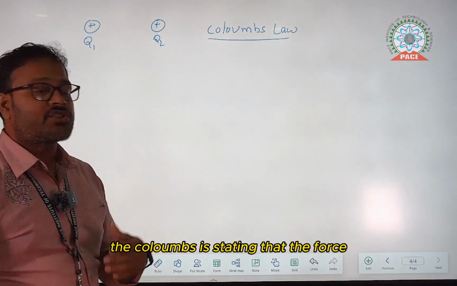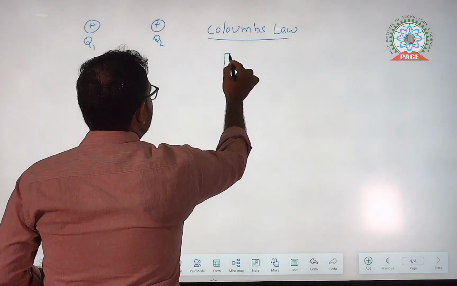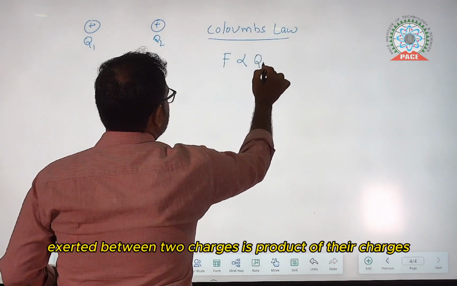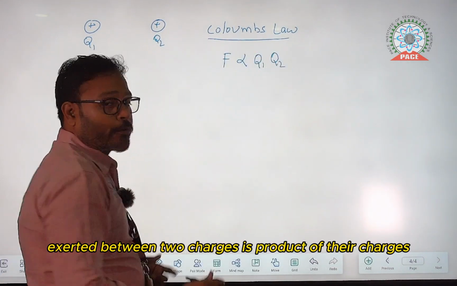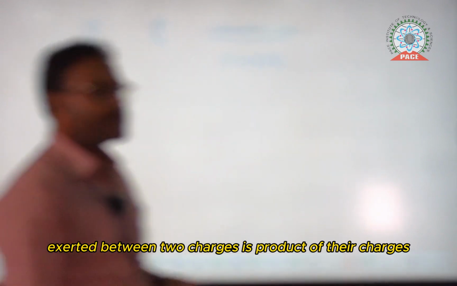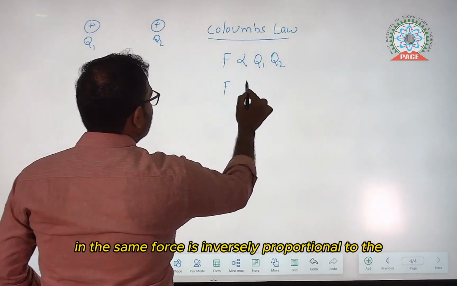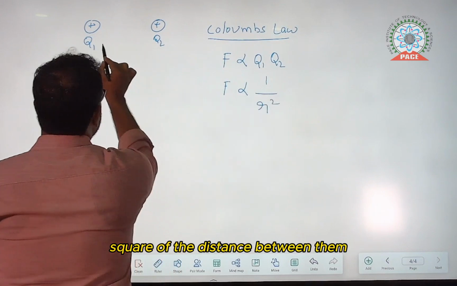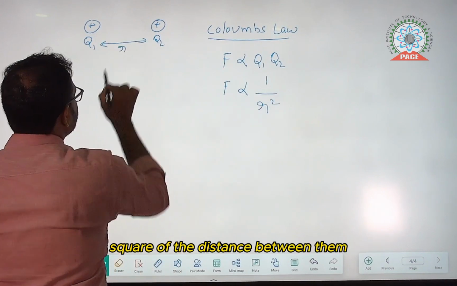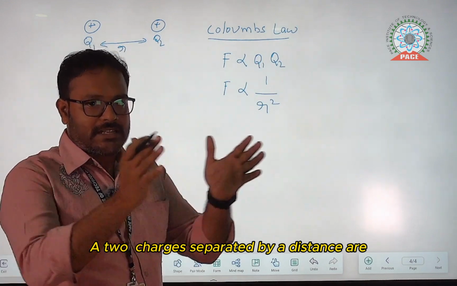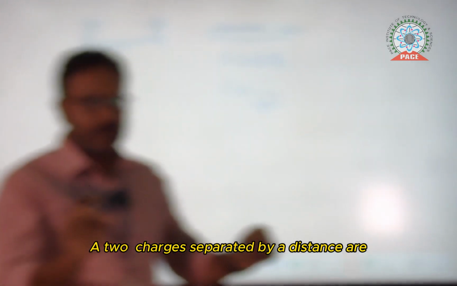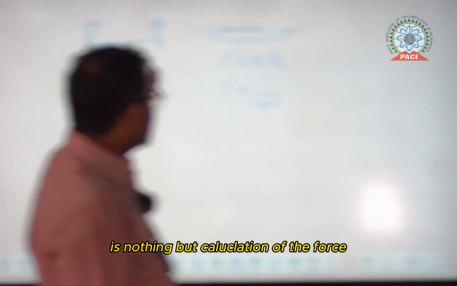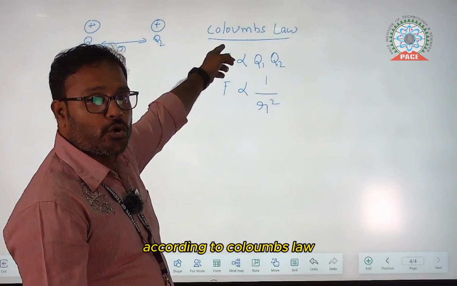Coulomb's law states that the force exerted between two charges is proportional to the product of their charges, and the same force is inversely proportional to the square of the distance between them. Two charges separated by a distance r is nothing but the calculation of the force according to Coulomb's law.